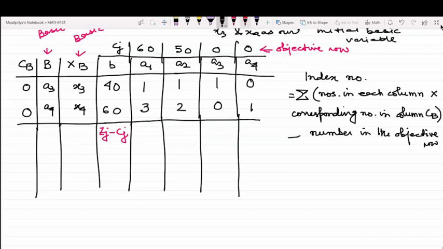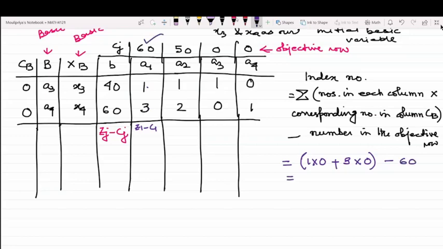Yes, ma'am. If I call the index number corresponding to A1 as Z1 minus C1, how is the calculation done? It is done as 1, the number in the column, into the corresponding number in CB, that is 0. That implies 1 into 0 plus the second number, 3 into 0, minus the number in the objective row, which is 60.